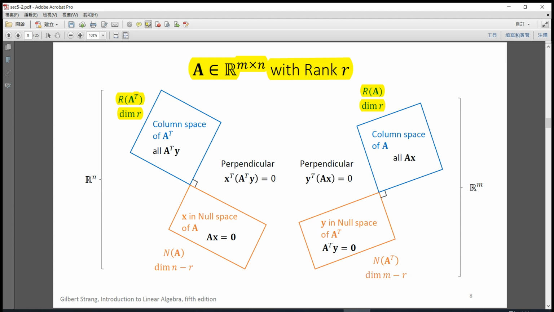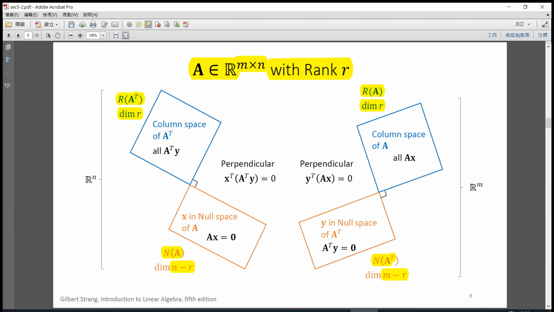By the rank nullity theorem, we know the dimension of the null space of A is n minus r, because the number of columns of A is n, and the dimension of the null space of A transpose is m minus r, because the number of columns of A transpose is m.